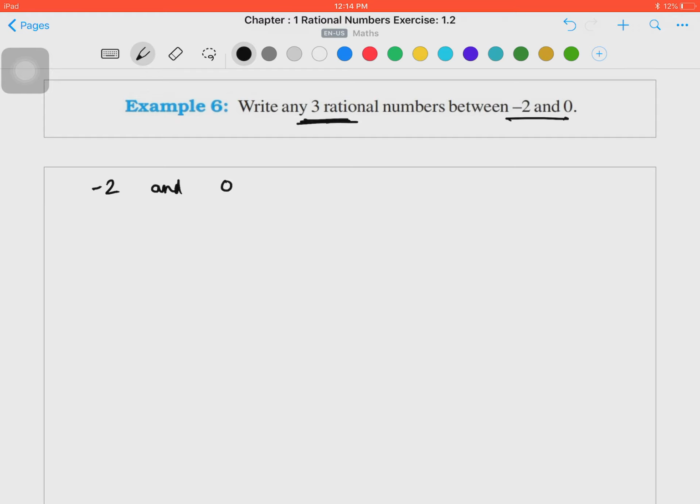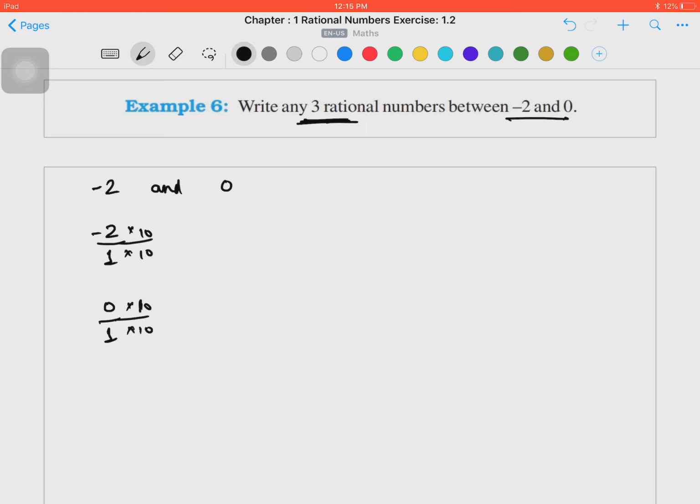Are -2 or 0 rational numbers? The answer is yes. We can write them in the p by q form like this. We can write -2 as -2 by 1, and we can also write 0 as 0 by 1. Now they are in the form of a rational number. So in order to find rational numbers between these two numbers, we multiply the numerator and the denominator of both numbers by 10.